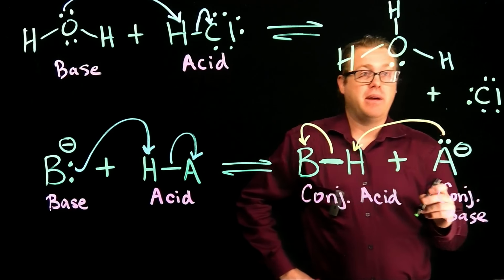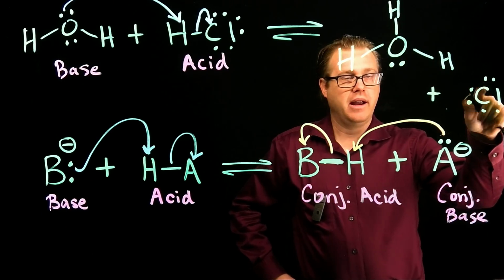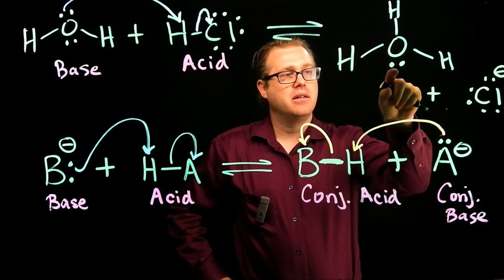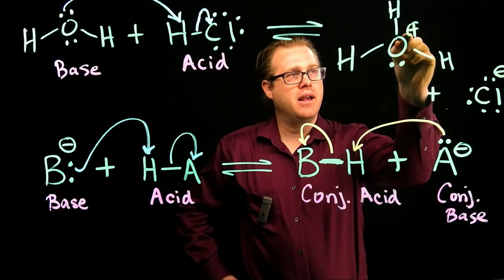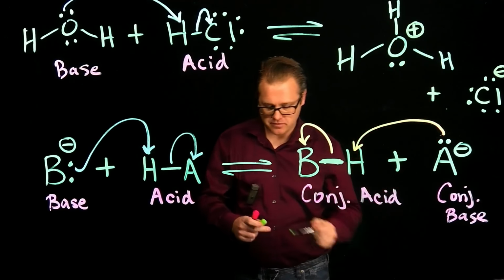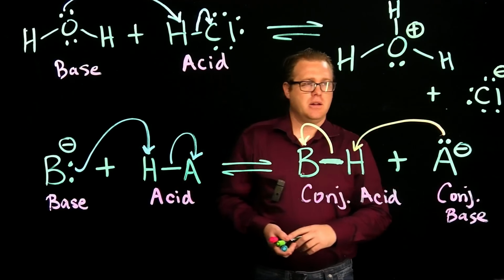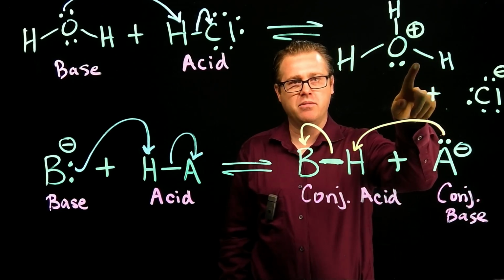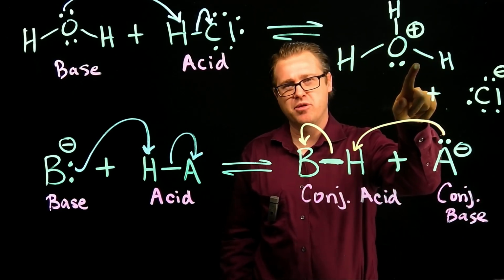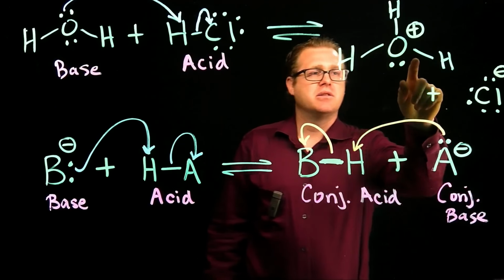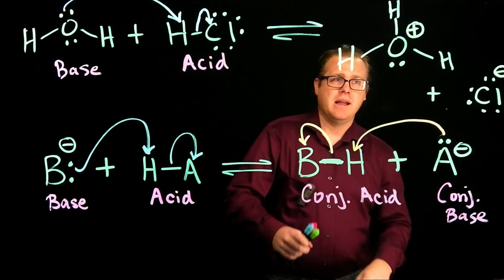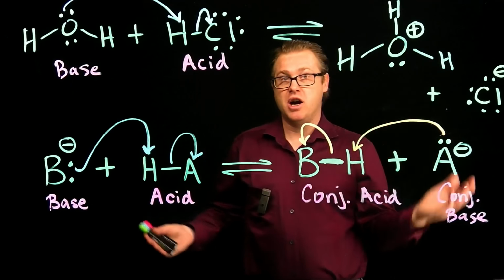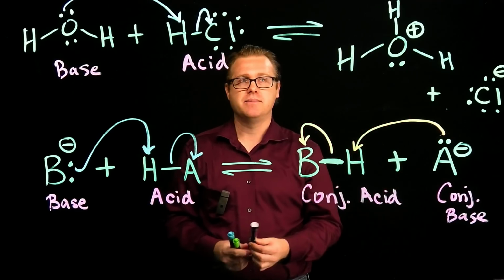Now I have to evaluate the formal charges. This chlorine is going to have a -1 charge. And this species right here is going to have a +1 charge. So this is called a chloride, and this is called the hydronium, one of the polyatomic ions that you've memorized in general chemistry. So here's our hydronium. And when we look at these 2 species, we need to now identify which one's the conjugate acid and which one's the conjugate base.